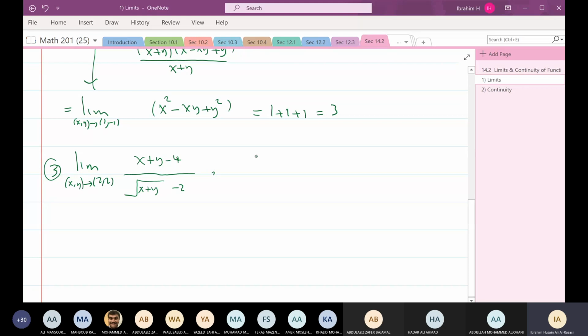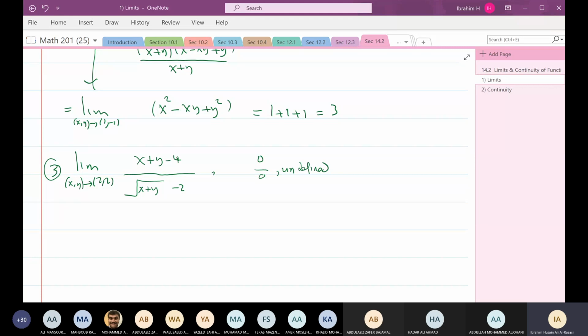When you substitute, you get 4 minus 4, which is 0, over root 4, which is 2, minus 2, 0. Again, undefined. You get 0 over 0. You cannot use L'Hopital's rule. I can use methods of chapter 2. What can I use?